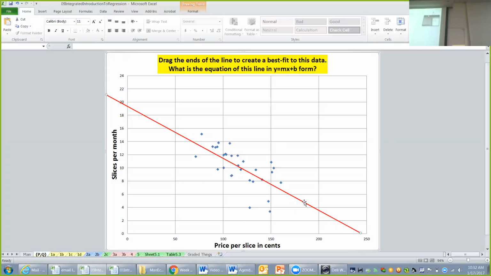But this is q equals the slope times the price of a slice plus the intercept. So I've got about a 19.5, and then whatever my rise over run turns out to be, right?